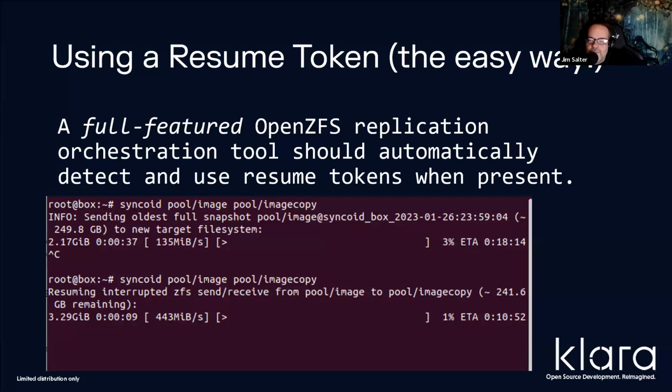If you can't think of 10 different ways you could screw up in the process of completely manually replicating with just the commands from A to B, and something crashed in the middle and you've got to resume it and put in the resume token and everything else, if you can't already see all the ways that might go wrong, I don't know what to tell you. Whereas if you use a tool that handles all this stuff, automated, then you don't have to worry about it, and you don't have to worry about the million different places that you might accidentally screw up along the way.